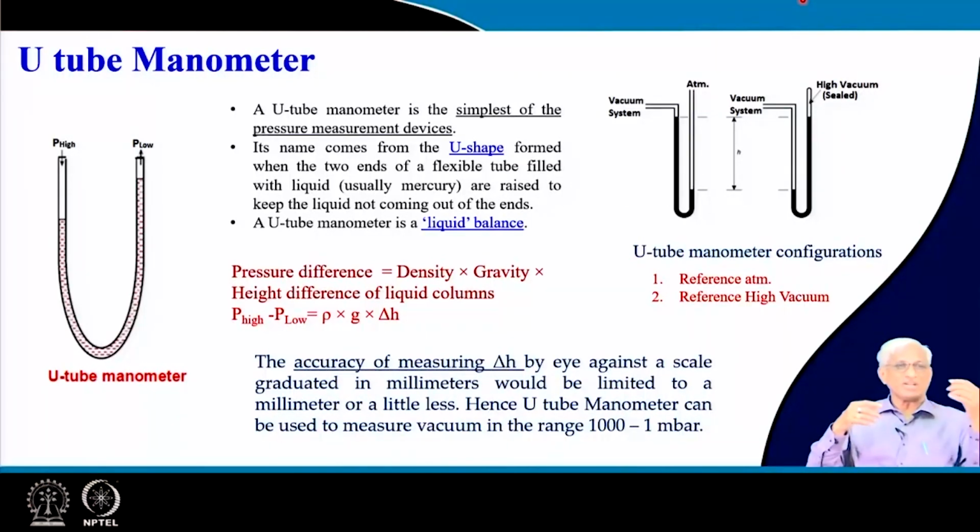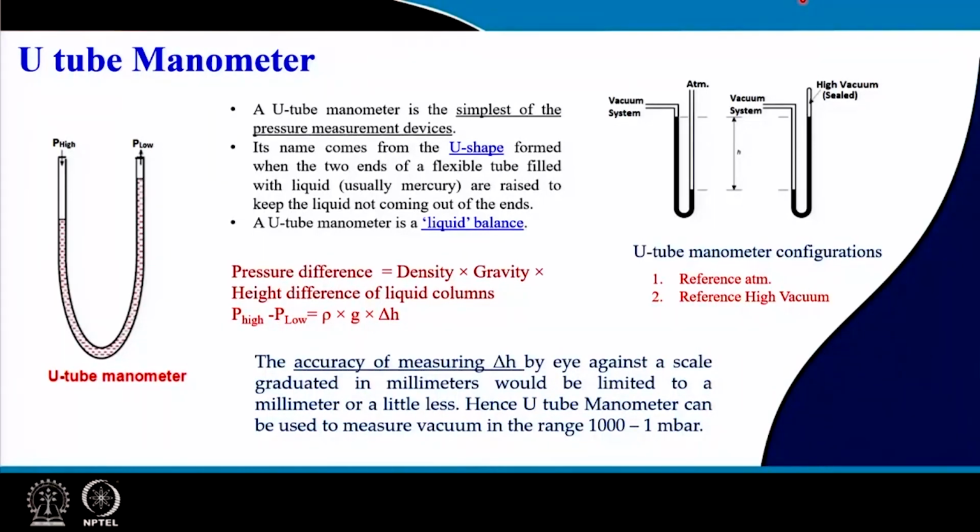As you start evacuating, the atmosphere will push the mercury down. You can also have another version where one side is connected to a closed limb, perfectly evacuated and sealed. Then the perfect vacuum side is always higher, and if the other is also perfect vacuum, it will be the same, otherwise it will go this way.